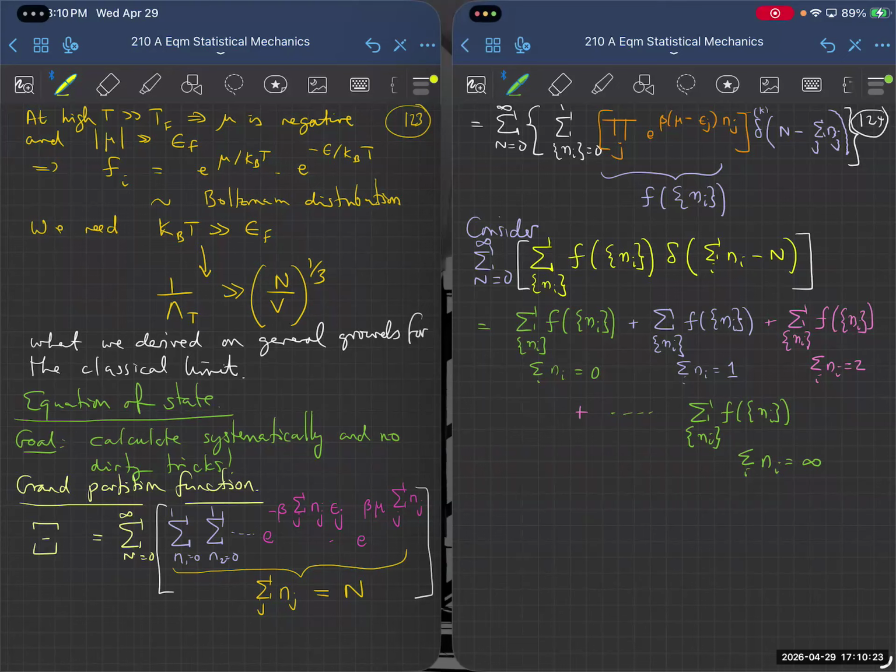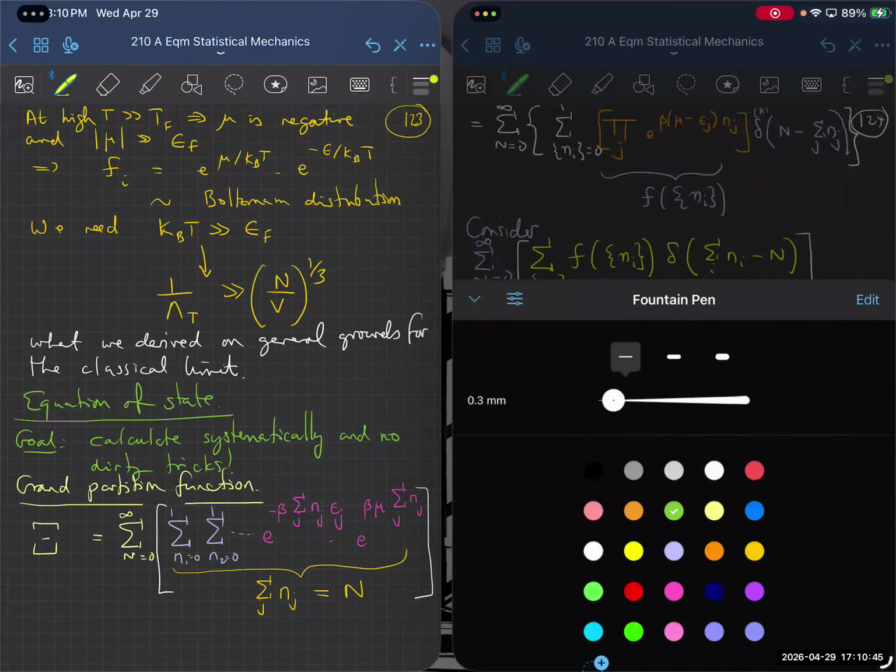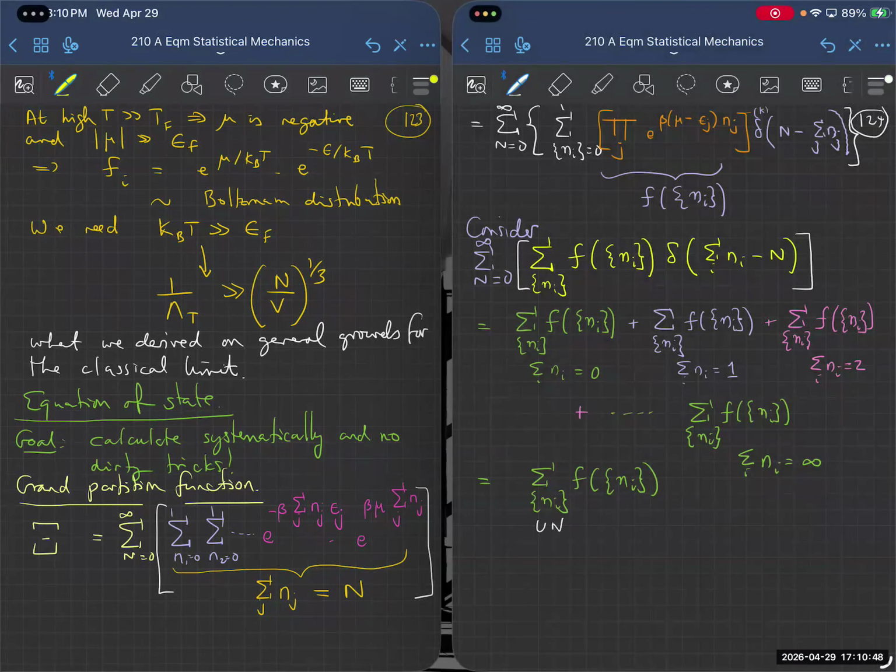And so this is then equal to the sum over all the ni's of f of ni. And the sum of the ni's can be 0 or 1 or 2 or any number you like. So in fact, it's an unconstrained sum. So now the constraint has gone away. So I never have to worry about it.